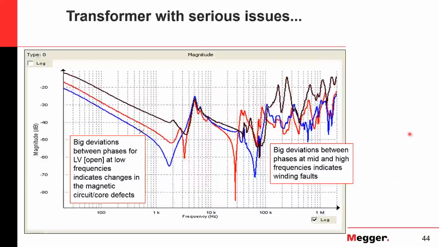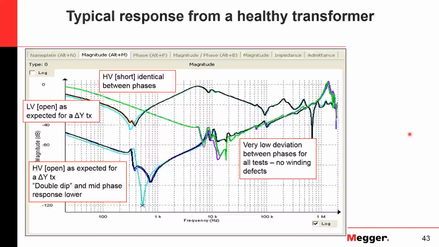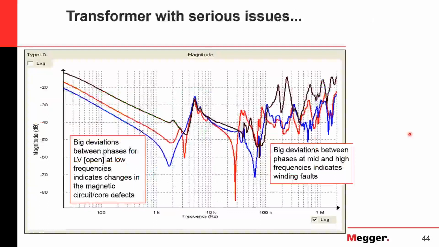Whereas if you look at a transformer with serious issues, you'll see there are generally big deviations in low voltage and mid and high range frequencies. As I said, the best thing you can do is a time-based comparison where you have a good fingerprint, and then you come back later and you're comparing to the same connections on the same transformer.